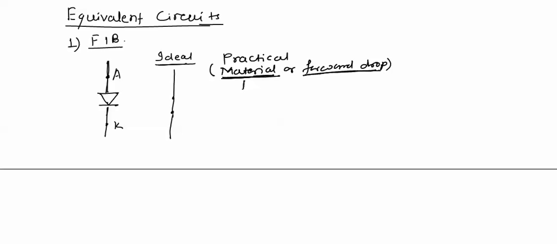So in this case, the diode will be replaced with a battery which is opposing the supply voltage, and this battery has potential equal to V gamma. This is anode terminal, this is cathode terminal, and this V gamma equal to 0.2 volt for germanium and will be equal to 0.7 volt for silicon.